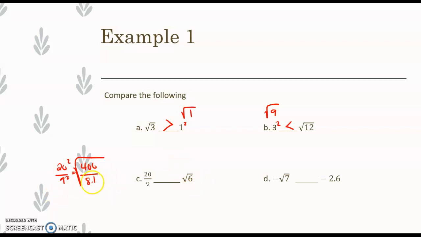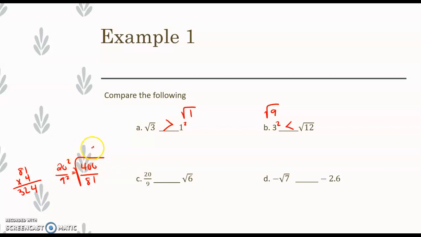I know that 81 goes into 100 once, so I'm estimating that 81 is going to go into 400 4 times. And just to double check, I'm going to do 81 times 4, which is 324.